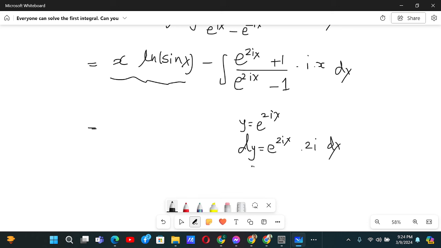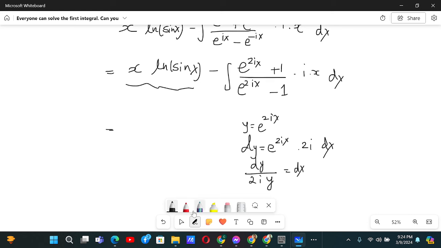This is y itself, so dy by 2iy equals dx. Fine. Now also x is ln y by 2i.